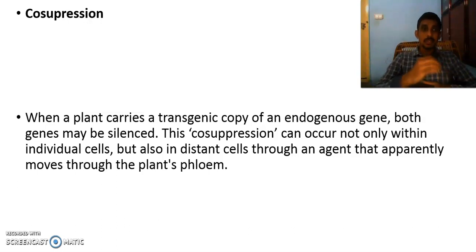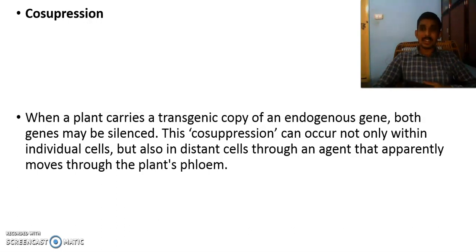The possibility of that suppression exists due to the phloem transport. That is explained in this slide. And next, how this co-suppression, how the suppression of both endogenous and the same copy of transgene occurs.